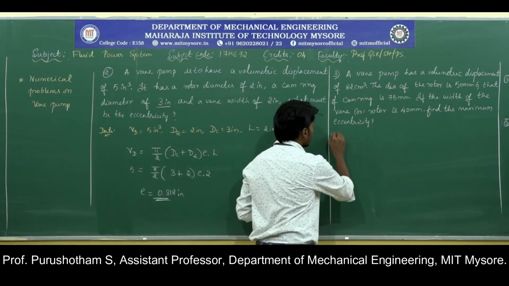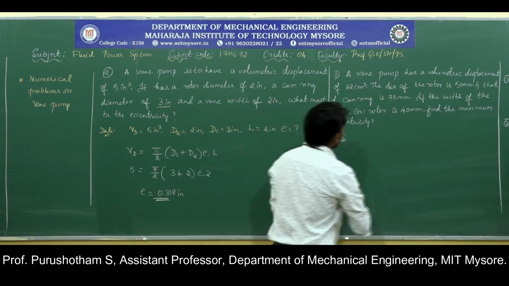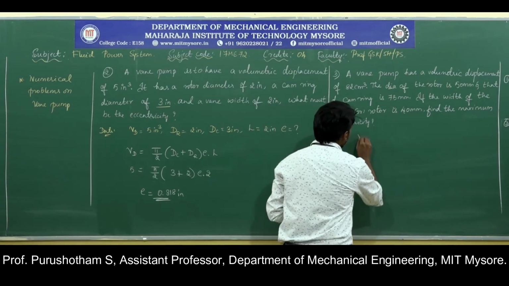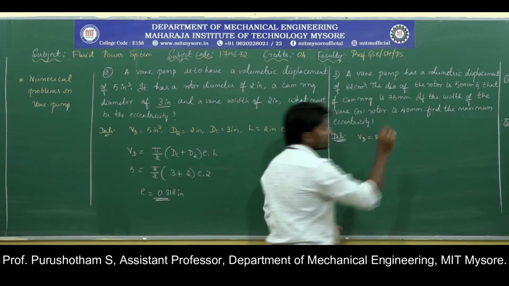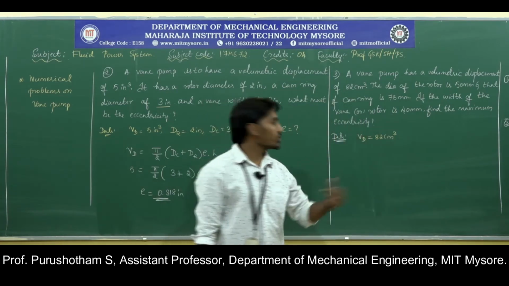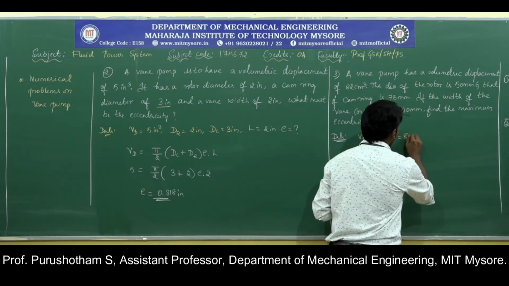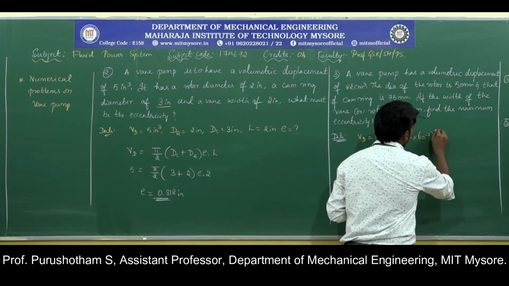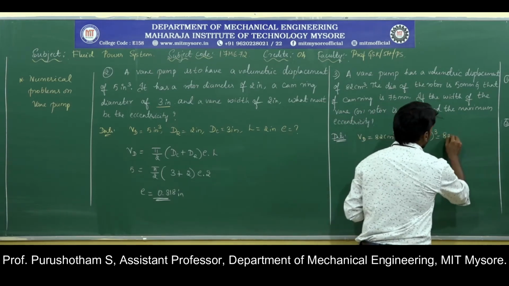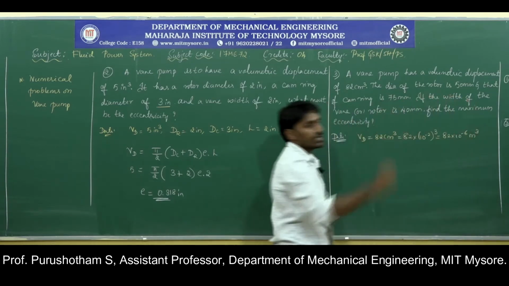For this, the data will be: volumetric displacement Vd is given as 82 centimeter cube. Since it is given in centimeter cube, I need to convert it into meter cube. As we know, 1 centimeter is 10 power minus 2 meter, so cubed, that is 82 into 10 power minus 6 meter cube.